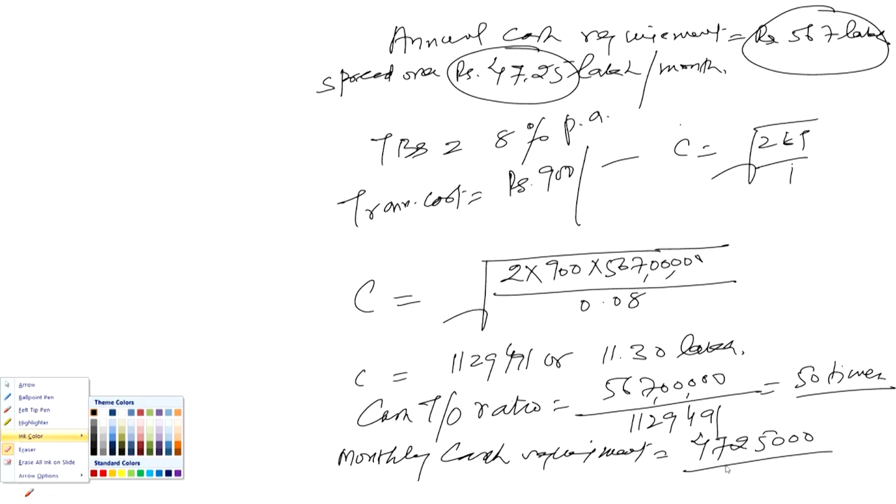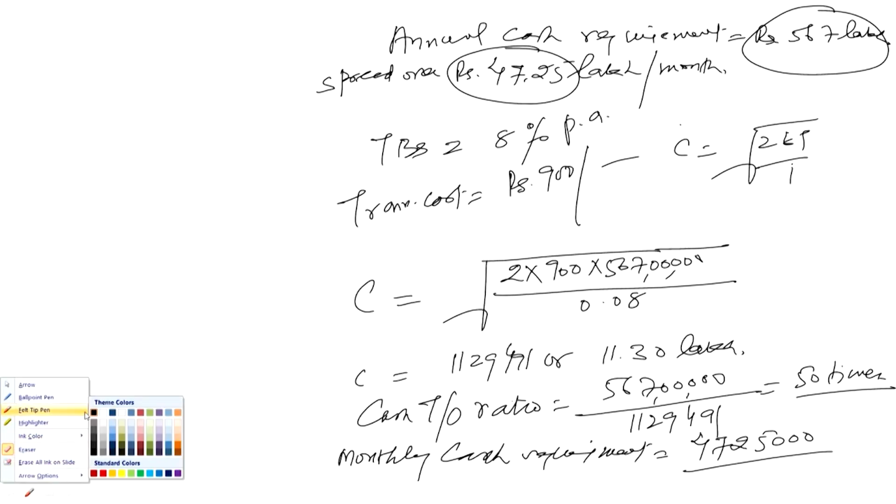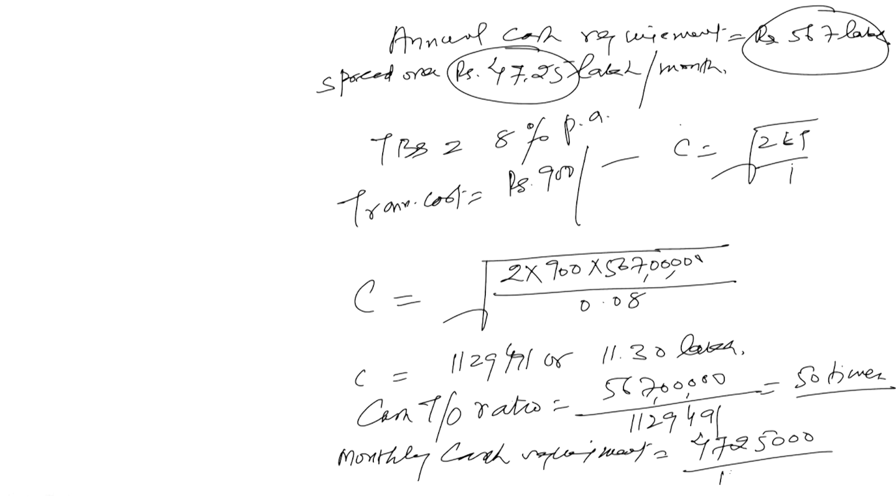C we have found out here is 11 lakh 29,491. So, this works out as how much? 4.18. This works out as 4.18.